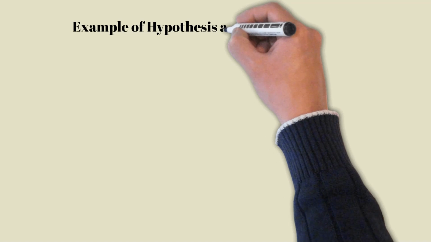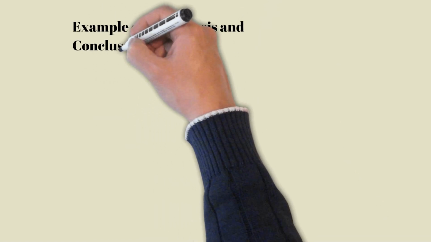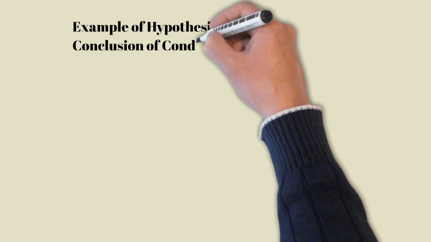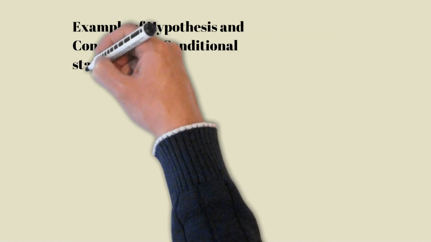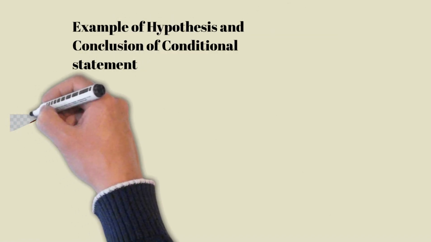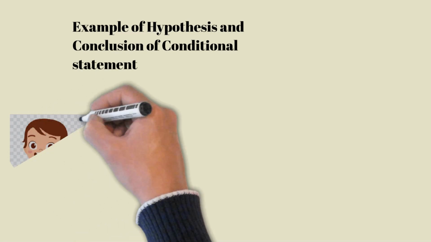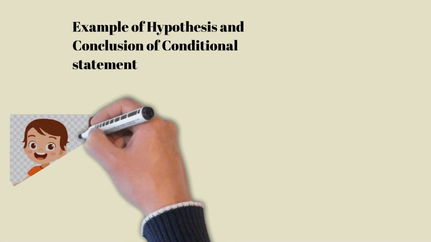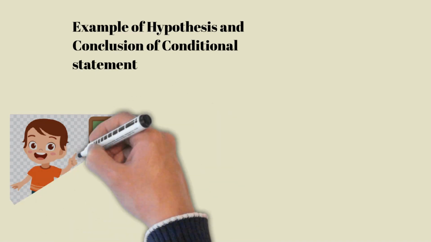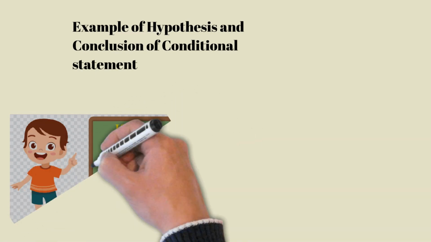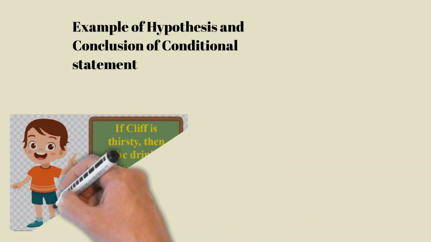So, examples of hypothesis and conclusion of a conditional statement. Remember, we've been talking about the fact that the P part following if is the hypothesis, and the Q part following then is the conclusion.